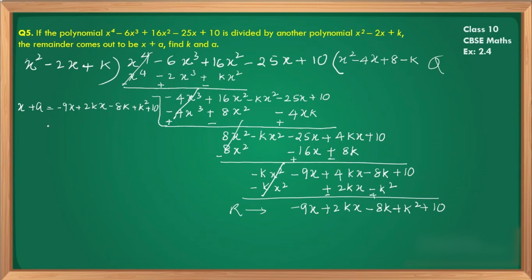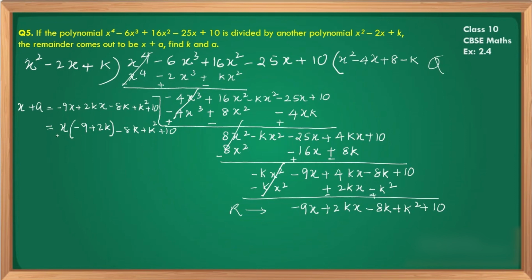Now you can observe here what is common, and that we can remove, bring it out of the bracket. Minus 9, then plus 2k, close the bracket. Then put minus 8k plus k square plus 10.